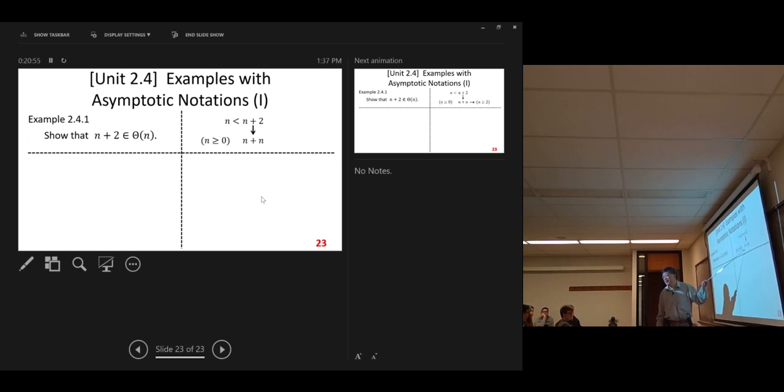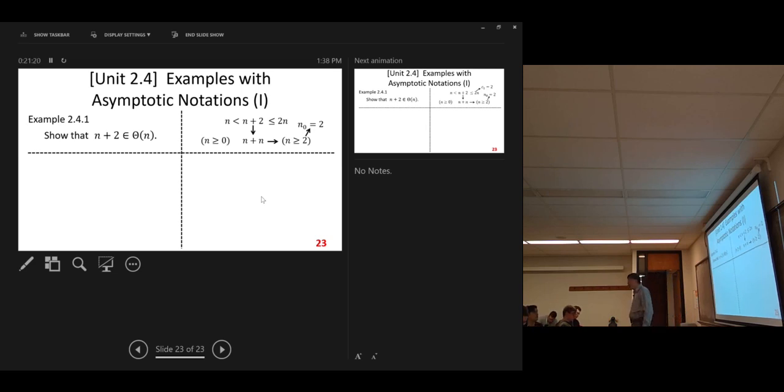When n greater or equal to 2. Yeah, because we have freedom to choose n0, so we don't worry about n equals 1. We have that freedom to set n0. So this time we set n0 equals 2. So we have the upper bound, 2n.